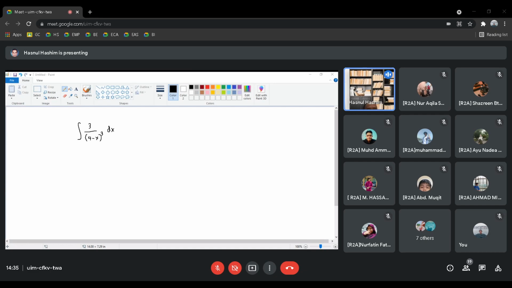How do we do this one? We can write down this one as the integral of 3 (4 minus x) to the power of negative 3 dx.